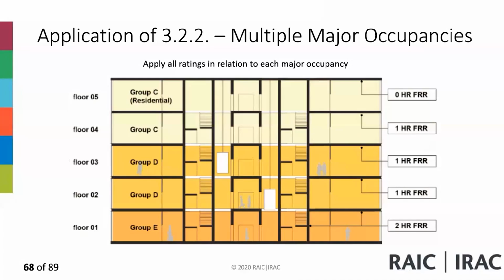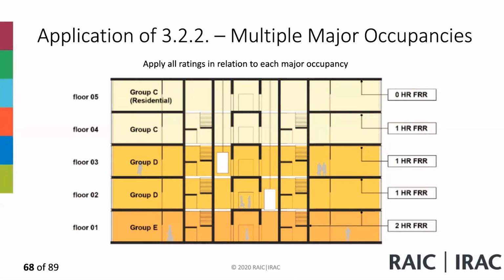So you want to make sure that you can use Article 3212 for that. That allows you to consider the garage as one building and separate it from the separate buildings on top of the podium of the garage.